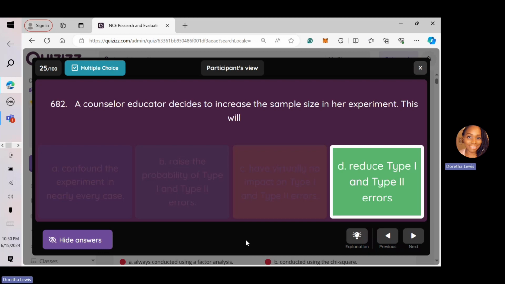Because I can get a bigger population size that'll be more of a depiction of the population that I'm looking at, right? I can get more people. I increase the research information, right? I increase the validity as well as the reliability of this test.